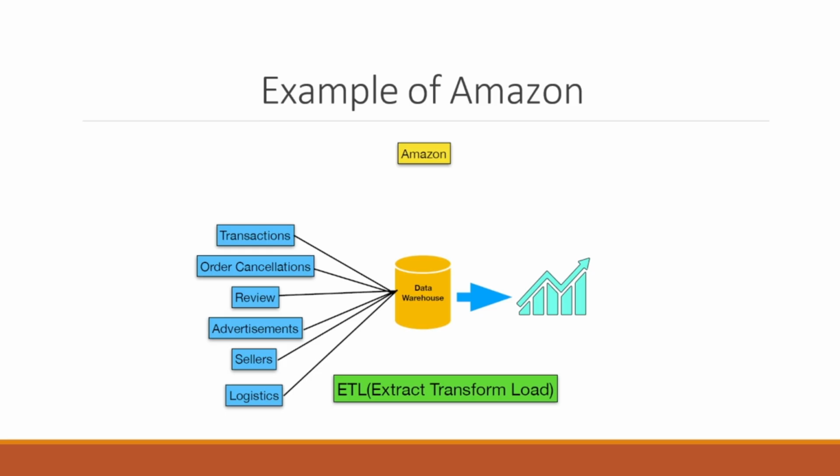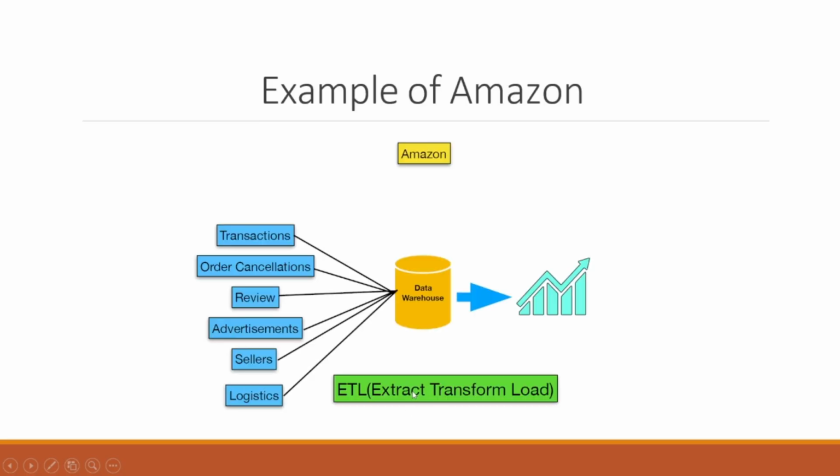Okay, all this raw data is collected and processed using ETL. Now what is meant by ETL? Extract, transform and load. Extract means data is collected from different systems. We have a lot of systems available, and from the different systems you are going to extract the data. Second we have transform.